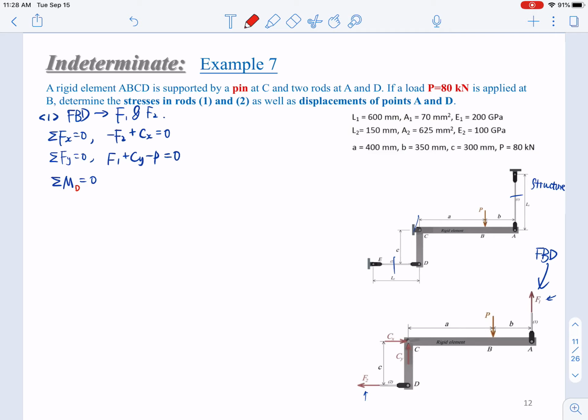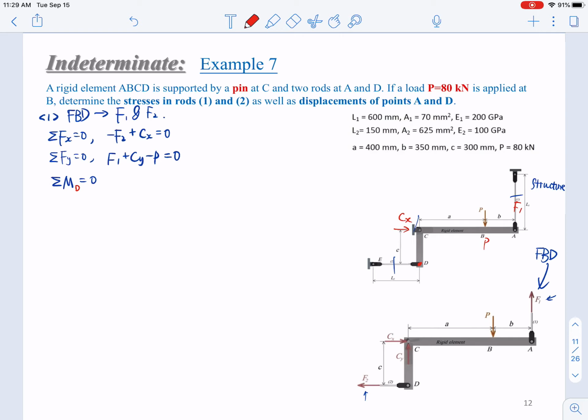You will have Cx, you will have P, and you will have F1, so two unknowns plus Cx.